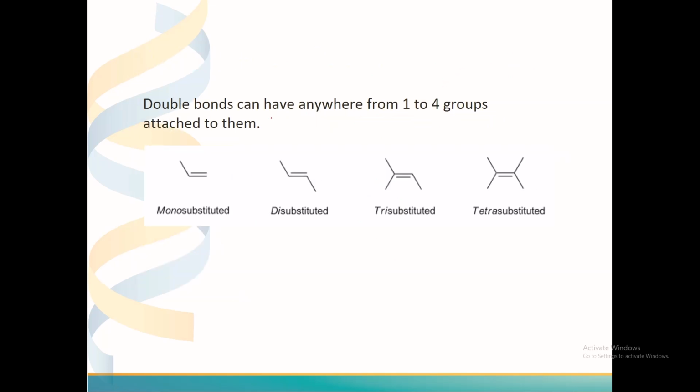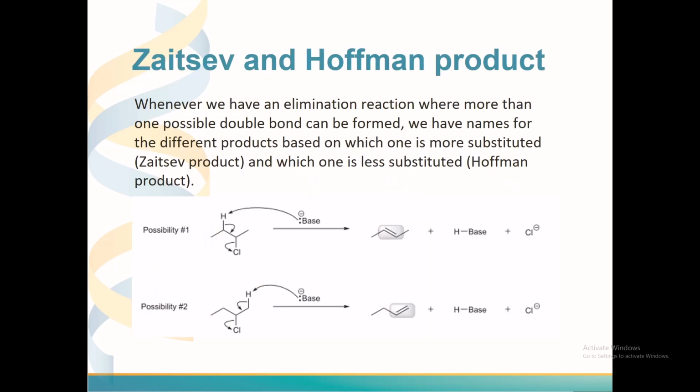Double bonds can have anywhere from 1 to 4 groups attached to them. If you have a mono-substituted, you get this. If you have a di-substituted, these are there. Tri-substituted here, tetra-substituted is there. So mono, di, tri, and tetra. These are just simple examples. Now this regiochemistry is called Zaitsev and Hofmann product.